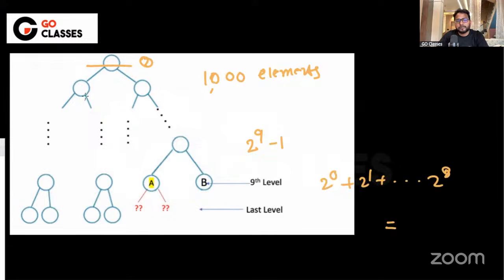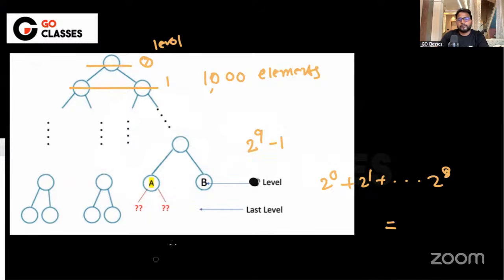This is level 0, this is level 1. That's how I'm numbering the level. Actually, it doesn't matter. I just mean to say there is a second last level, the eighth level.